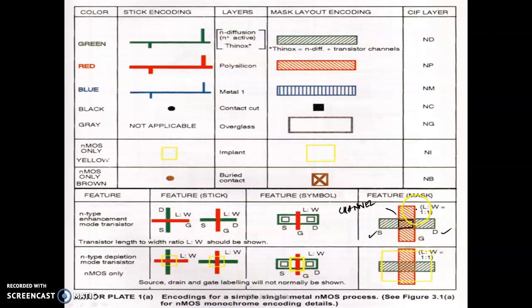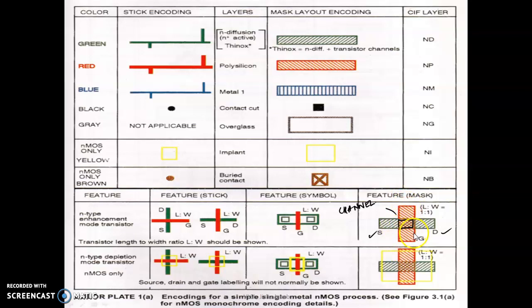But please note that the red that you see here, the polysilicon, represents the gate, and all of us know that there is only one gate terminal. Therefore, regardless of whether it is this end or this end, both these ends are the same gate terminal. Okay, please keep that in mind when we do the layout later. Both these ends are the same single gate terminal, right?